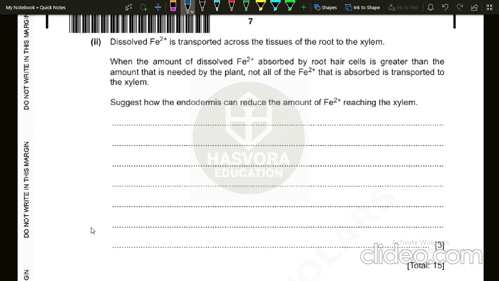They are emphasizing the role of the endodermis here. We know the endodermis has the Casparian strip, made of a hydrophobic material called suberin, which blocks apoplastic conduction from the root hair cells to the xylem. So only the symplast pathway is available, and it will limit the amount of Fe2+ ions reaching the xylem.